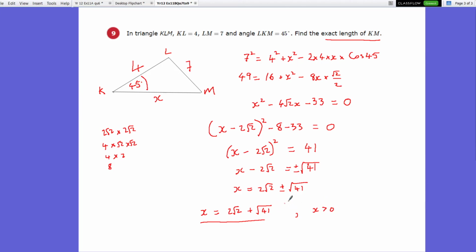Okay, so yeah, that's the exact value of KM. So that equals that. And if you want, you can call that KM. All right, sweet.